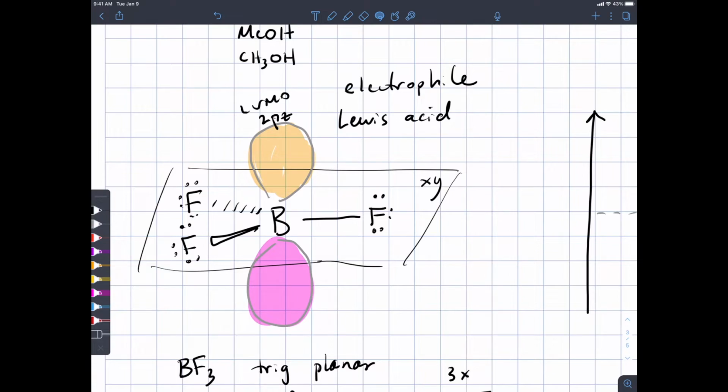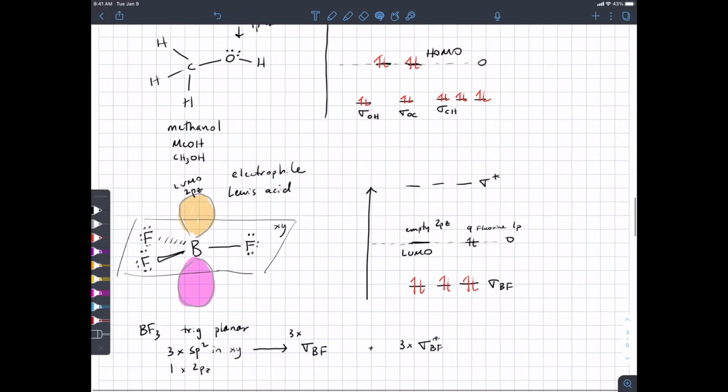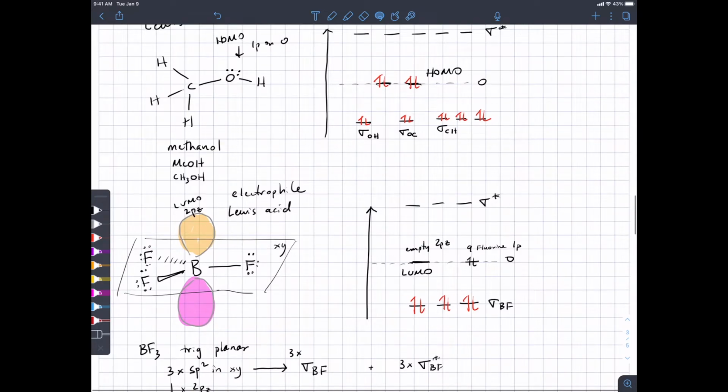And just to cover all my bases, if we took one of the lone pairs off of the oxygen in the other molecule, then there would be an empty 2pz. That's right, but you'd have to have oxygen 2+ probably if you did that, and that would be sad. Okay. Thanks.